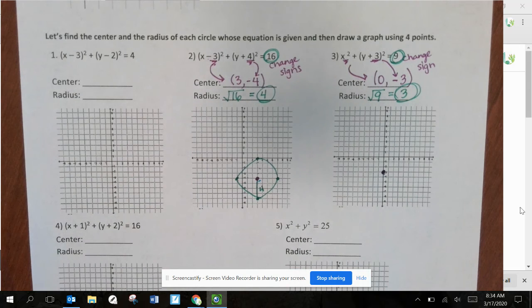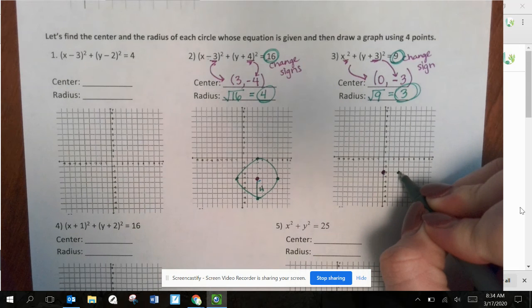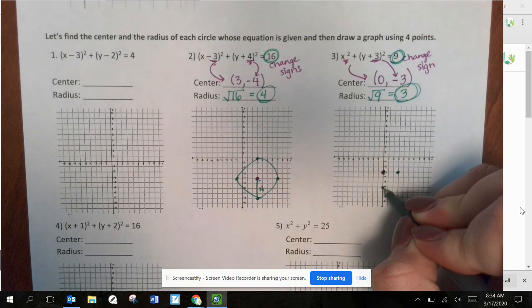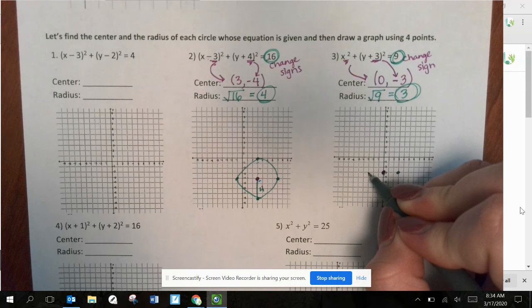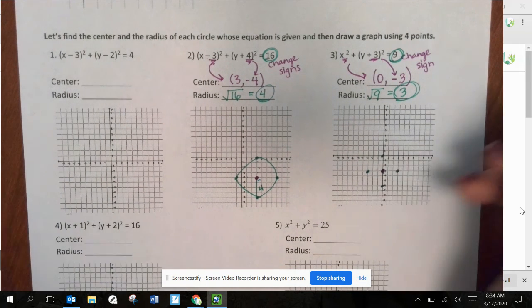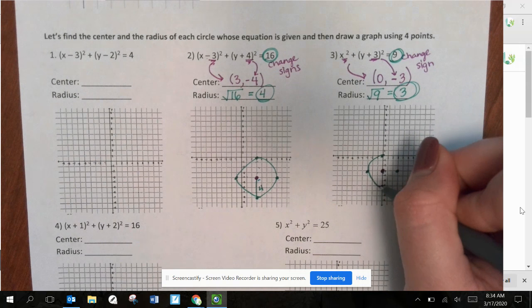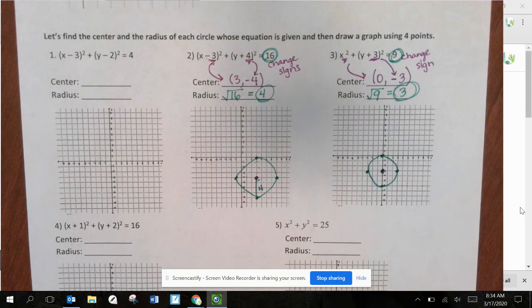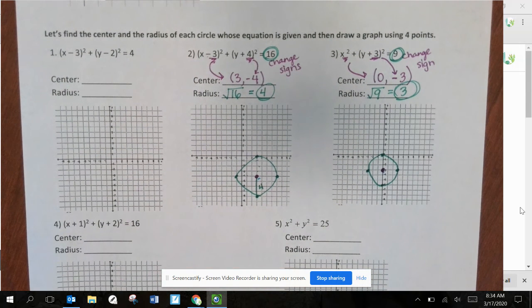And then I'm going to use my radius to plot the other points. 1, 2, 3 in each direction. There's my other circle.